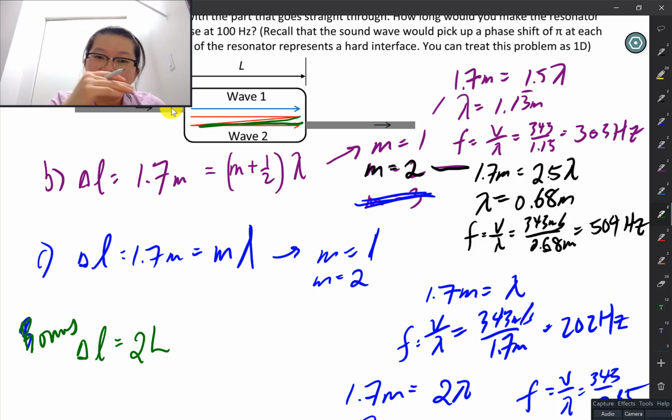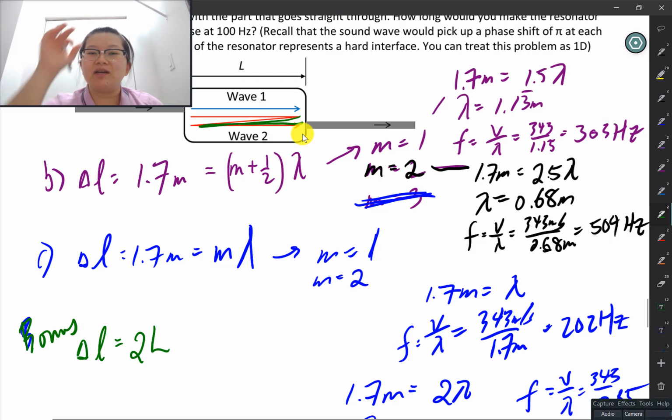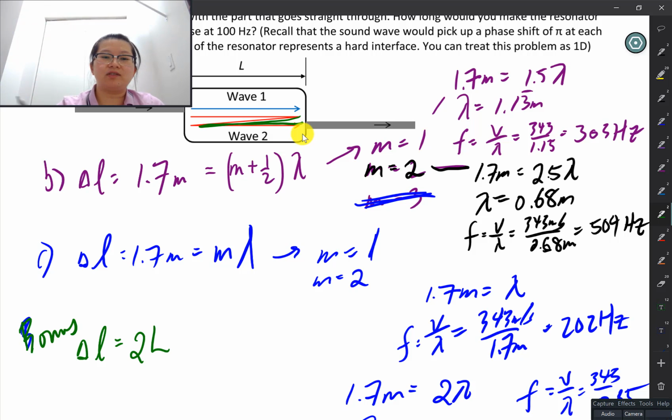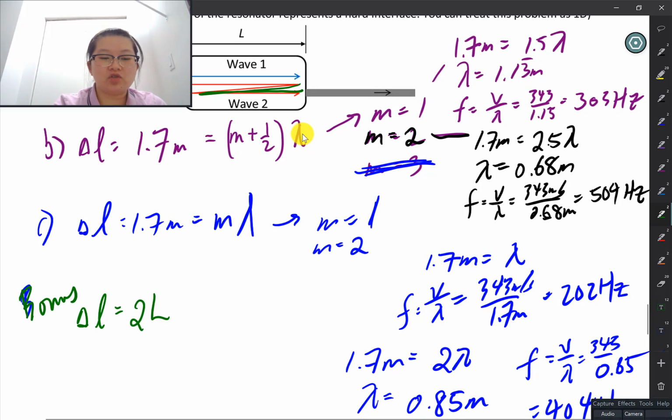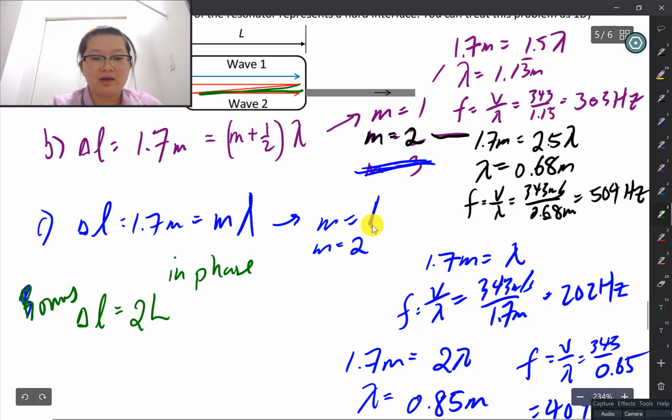Because it goes through 2 half phase shifts, by the time the wave comes back out again, it's going to be exactly in phase with wave 1. Okay, so we're going to treat this as in phase. They're going to be in phase after 2 reflections.